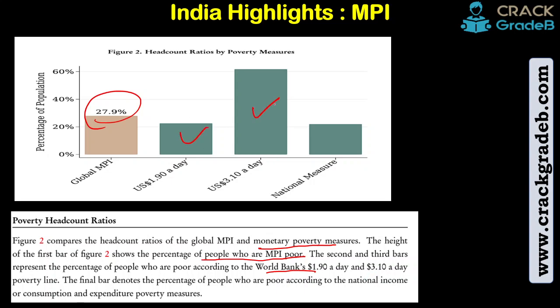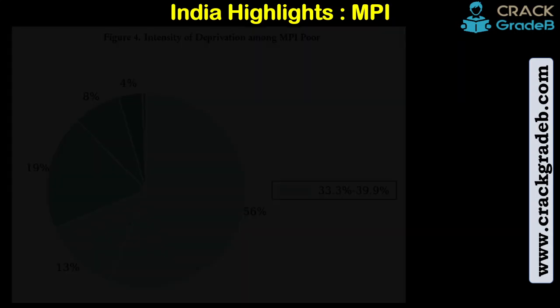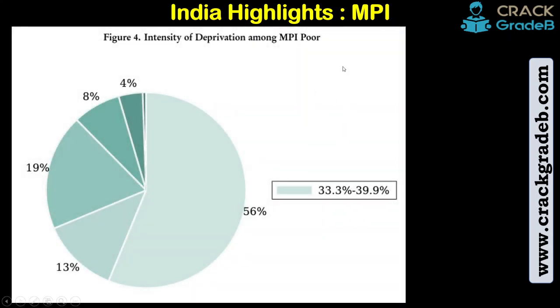This one and this one. The third one is the national income or consumption or expenditure poverty method, right? So this is somewhere aligned to the MPI or the World Bank $1.90. Right, let's move forward with the H part of it.